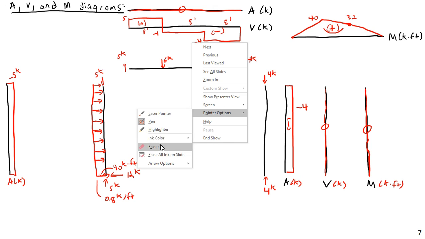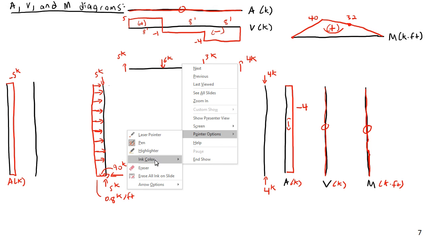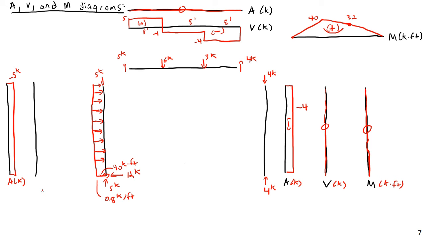Then I want to have our shear diagram. And so the shear here is going to be in kips. We're going to initially start out at positive 12.